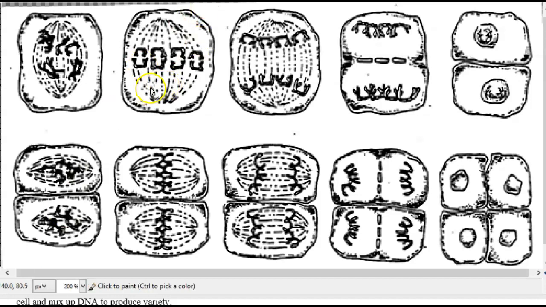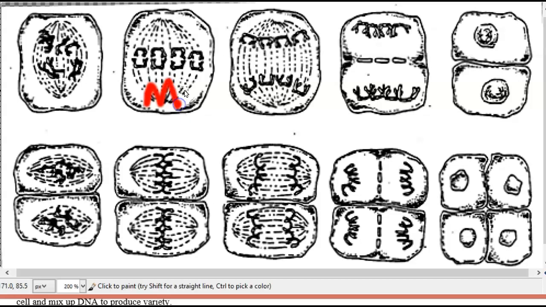Alright, so they're in the middle, so I would probably call this one metaphase 1. Going apart, dyads are going apart. This will be part of anaphase, telophase, cell plate.